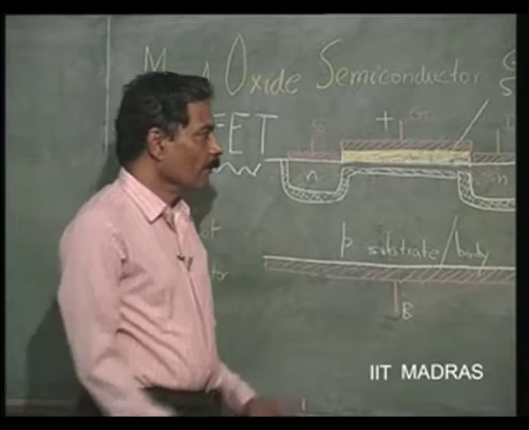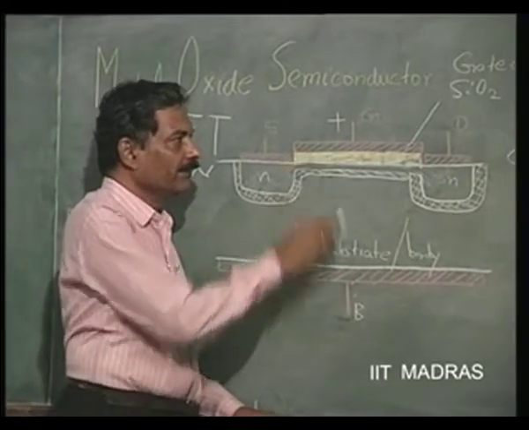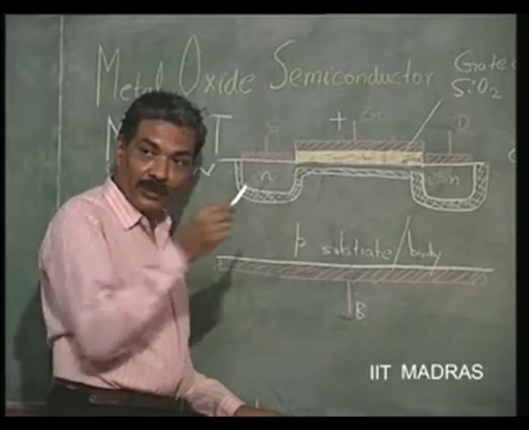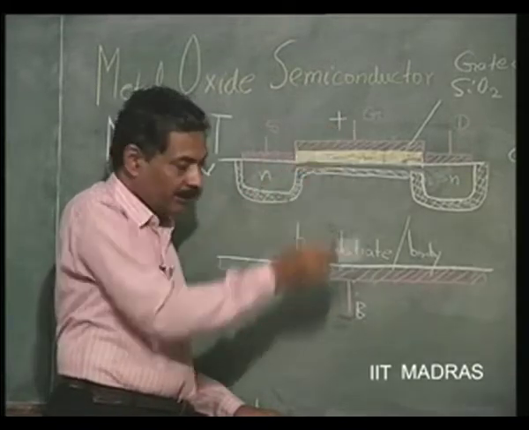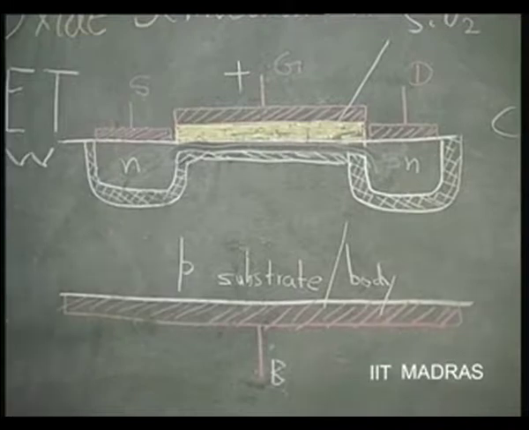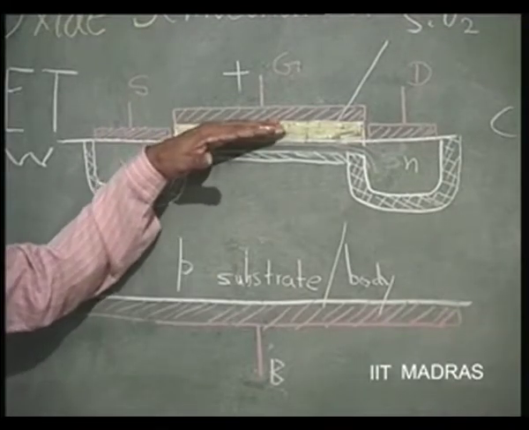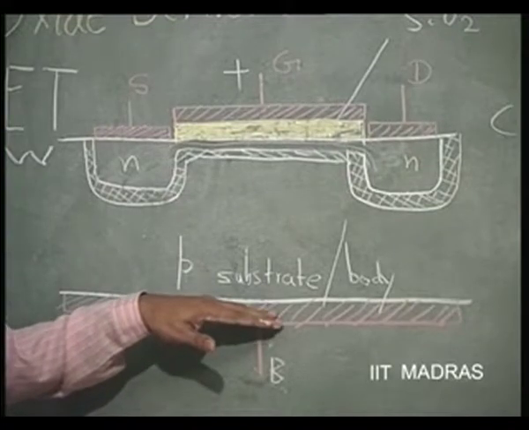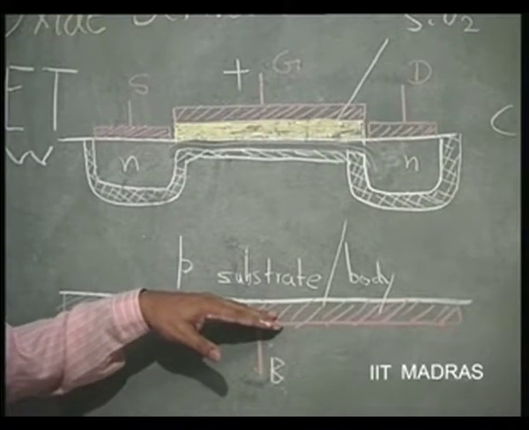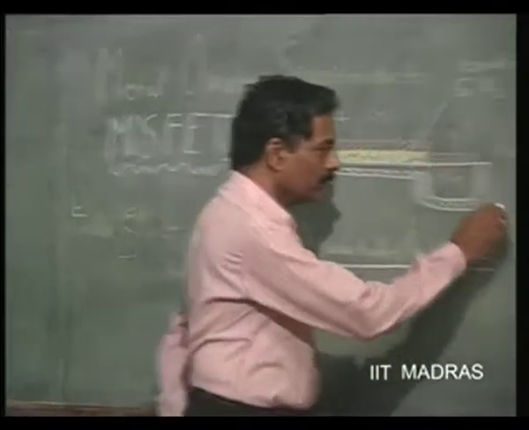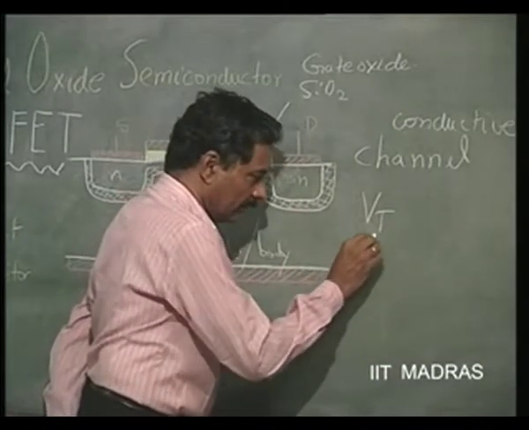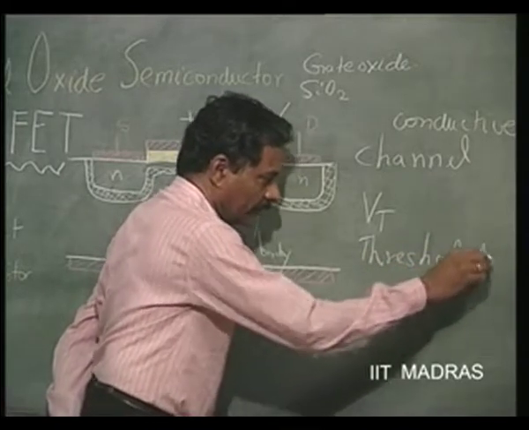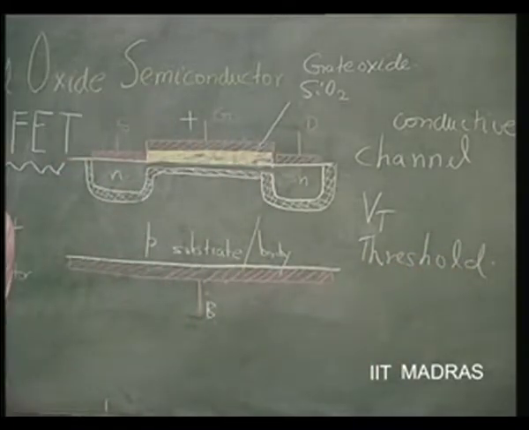So, this effect of inversion is an important phenomenon, and the voltage that you have to apply to the gate with respect to the substrate in order to make the surface as conductive as the substrate is called the threshold voltage, Vt.